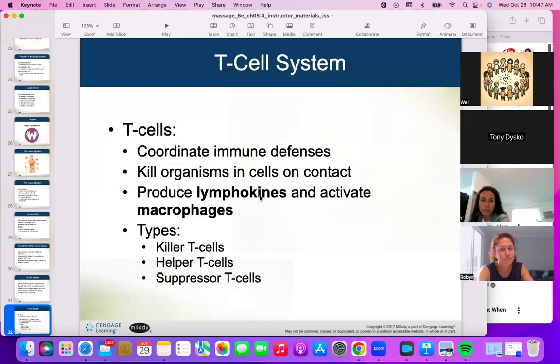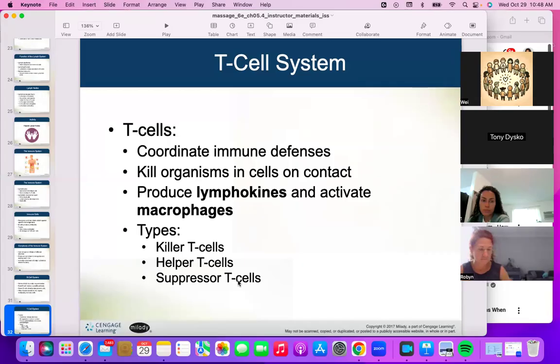Lymphokines are a type of protein produced by the T cell, which draws macrophages, the different types of white cells, and helps activate them. There's the killer T cell, helper T cell, and suppressor T cell. This is all in the book, but it's not going to be too much on that in the exam. After the presentation, we'll dive into questions and you'll understand what they'll ask. So don't get overwhelmed with this. Just get introduced to it.